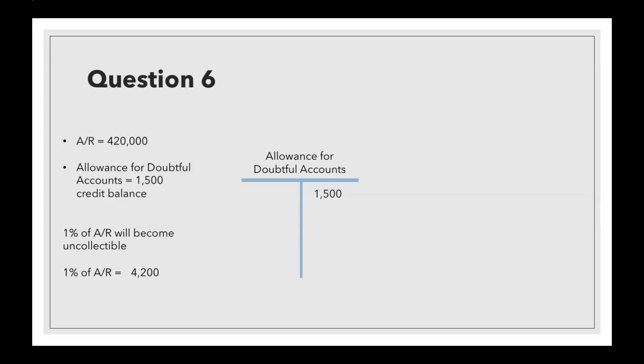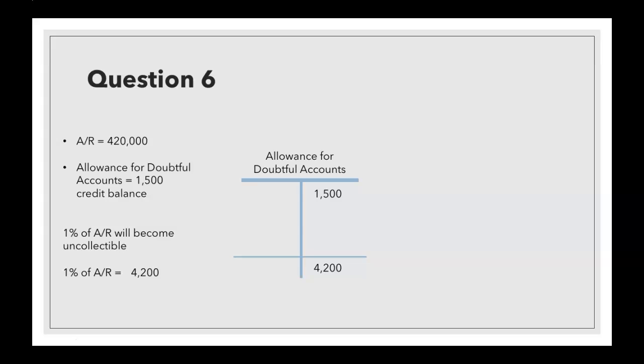So let's make a T account for our allowance for doubtful accounts now. It starts off with a $1,500 credit balance. We just found, with that 1% of accounts receivable, that we want our allowance for doubtful accounts to end with a credit balance of $4,200.